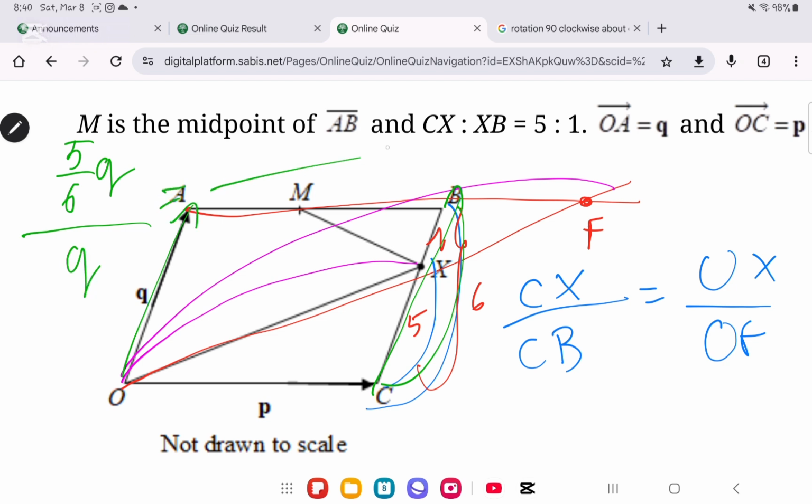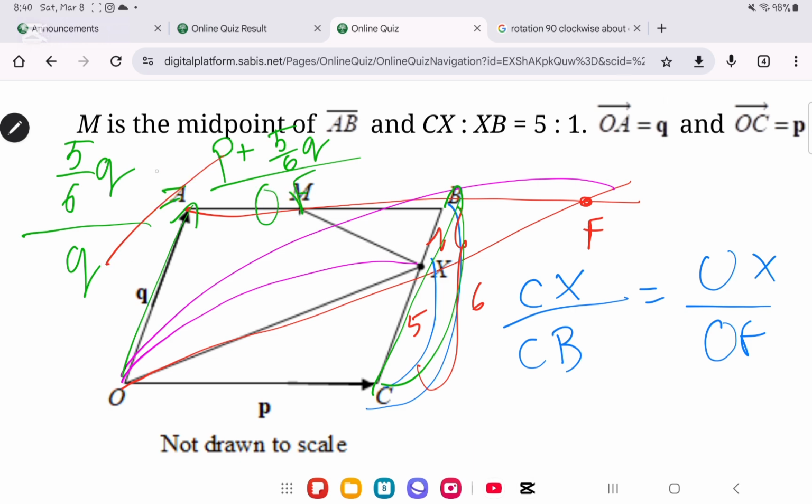Now this is equal to OX, which we found in the previous part. So OX is equal to P plus 5 over 6Q. Keep this in mind. Then you will divide it by OF, which is what we need to find.